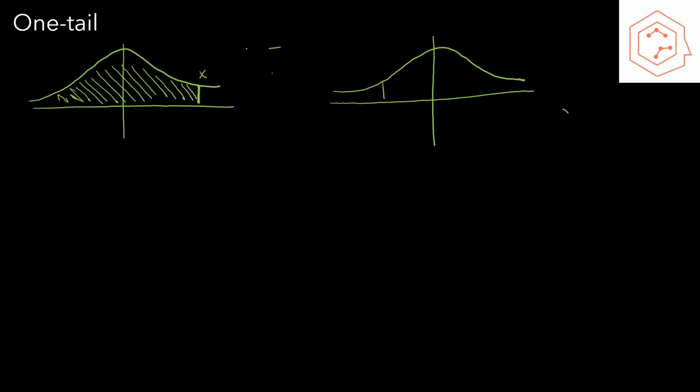And in the other case, we might be asking how confident we are that it's above a certain value. So in one case, we're looking at the confidence below, or a lower tail interval, and in the other case, we're looking at the confidence above, or an upper tail interval.